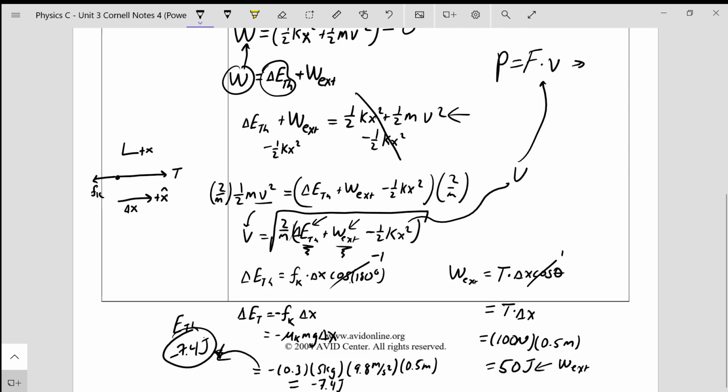If I plug in all the values, I get a velocity of somewhere around 3.6 meters per second. Then when I take my force, 100 times that 3.6, we end up getting something like 360 watts as our solution to that problem.